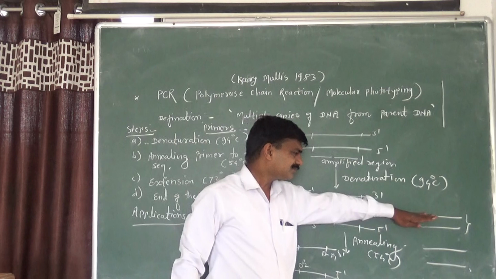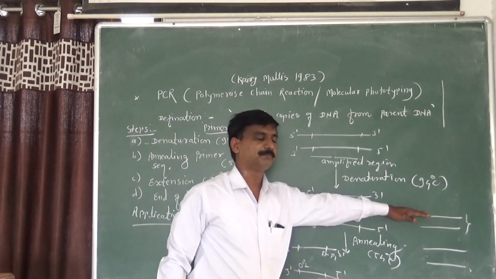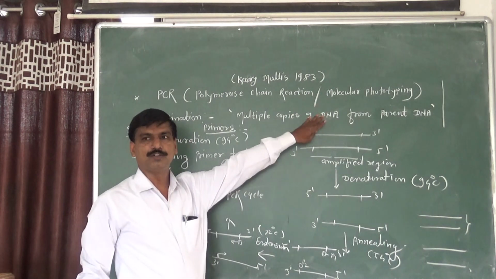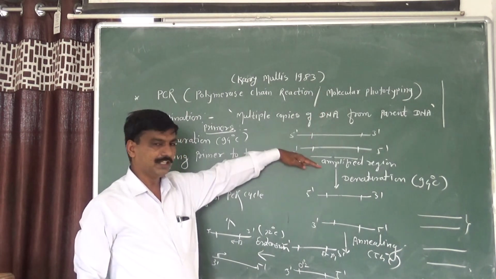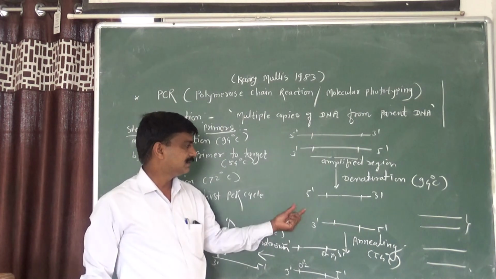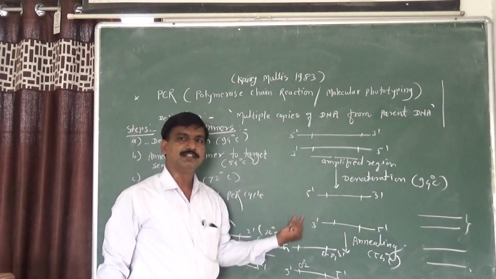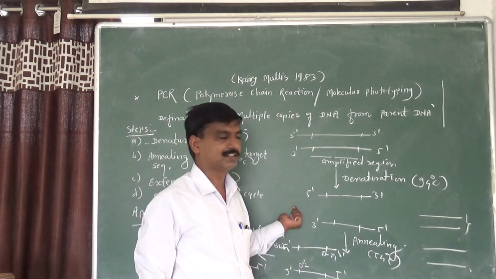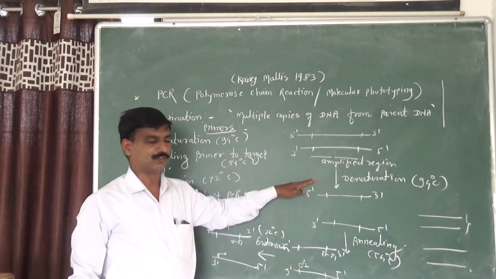PCR means multiple copies of DNA from the parent or old DNA molecule. Millions or billions of copies are formed in the PCR machine from the amplified region selected on the DNA molecule.